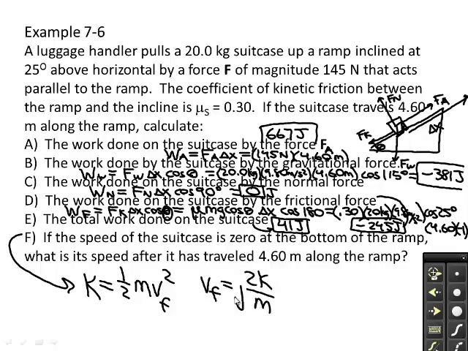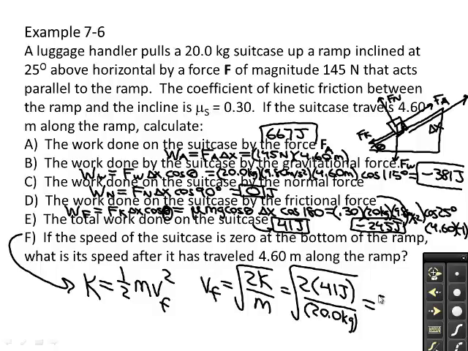So I've got 2 times 41 joules of additional kinetic energy divided by a mass of 20 kilograms. So 82 over 20. Answer 4.1. Take the square root. And we've got 2.02 meters per second. Looks like we get 2 sig figs on this, so I'm going to say 2.0 meters per second.